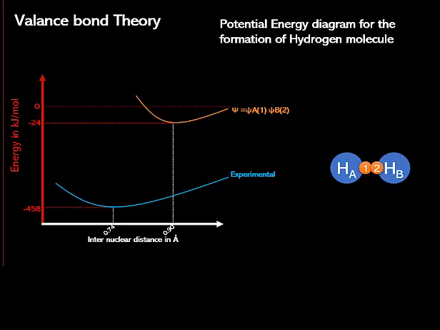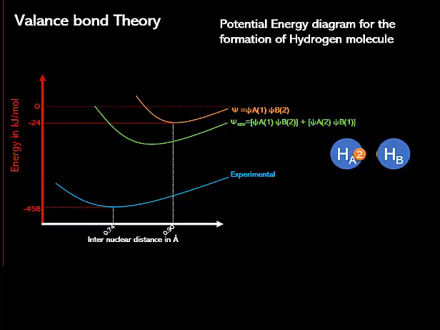This assumption is incorrect, because when two H atoms come closer to each other and a bond is formed between them, electrons 1 and 2 have equal opportunity and freedom to be associated with either of the two hydrogen nuclei. Thus, in order to get the correct wave function of H2 molecule, both covalent structures of this molecule should be considered, where we have a new wave function.